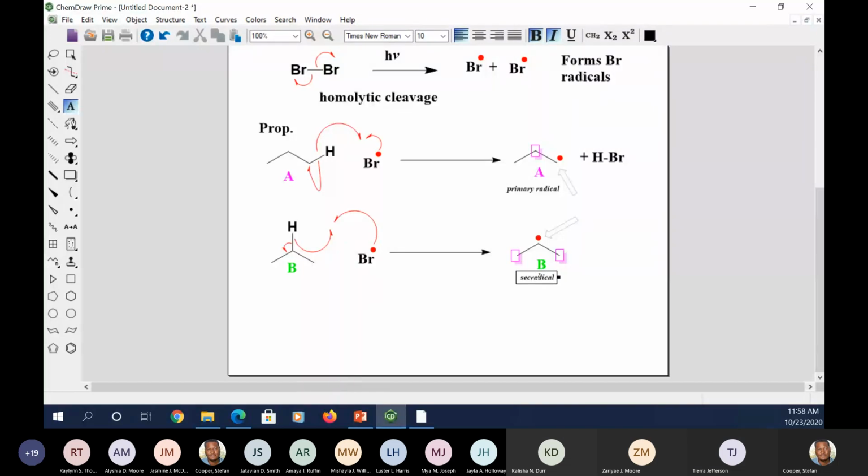So which is more stable, the secondary or the primary radical? The secondary radical. So this is the more stable radical. That means that it should lead to what product? The major product.